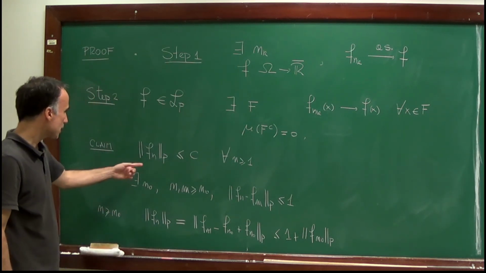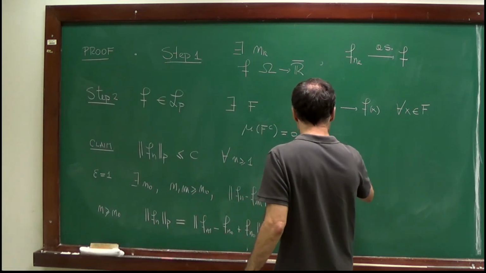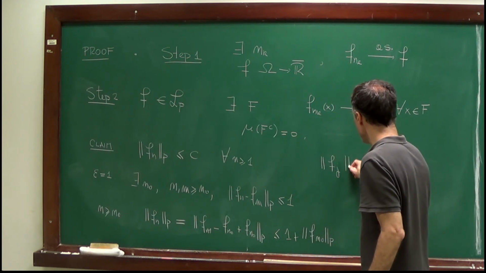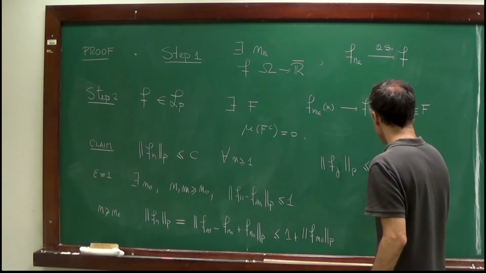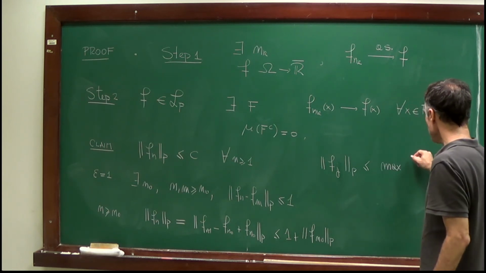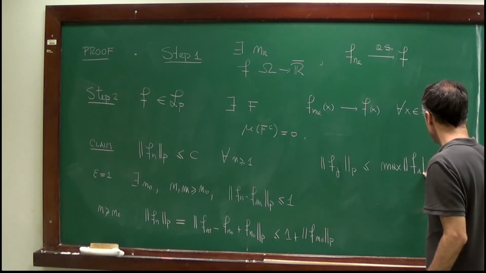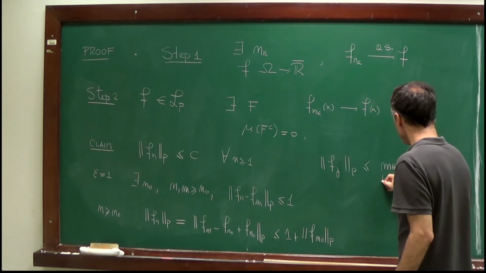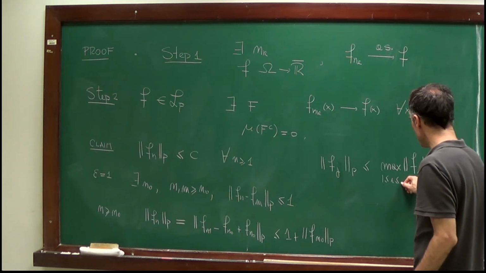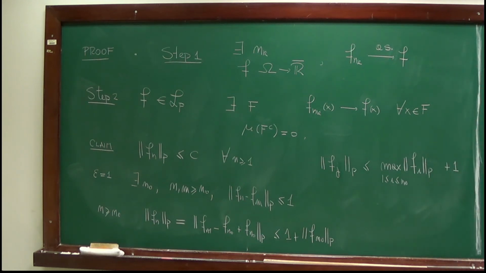And since each fn belongs to Lp, what we have is that the norm of fj, in Lp, is bounded by the maximum of the norm of fi, for i running from 1 up to n0 plus 1, right?